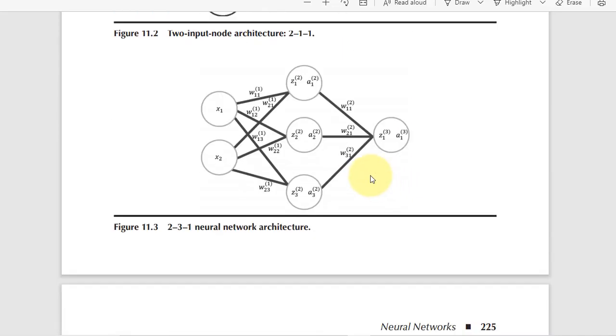And we can do the same thing here. Take this, put it in sigmoid, get this, then take these, this one times that, this one times that, sum them up, we get this z1 in the third layer, put that value into the sigmoid function, and get this.